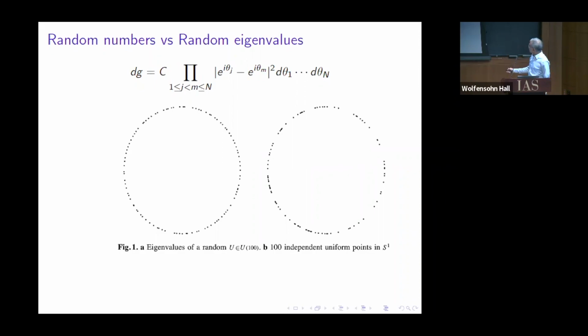So that's the eigenvalues of a large random matrix. Whereas this one, you can see there are many large gaps, but then there are also many zeros that are clustered together as well for random numbers. It's a bit funny to say that this is a picture of a random matrix and 100 random numbers, because it's from a paper from 25 years back. So they're not quite random at this stage.